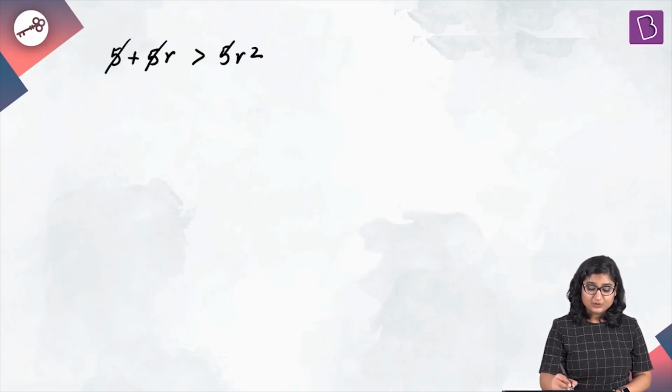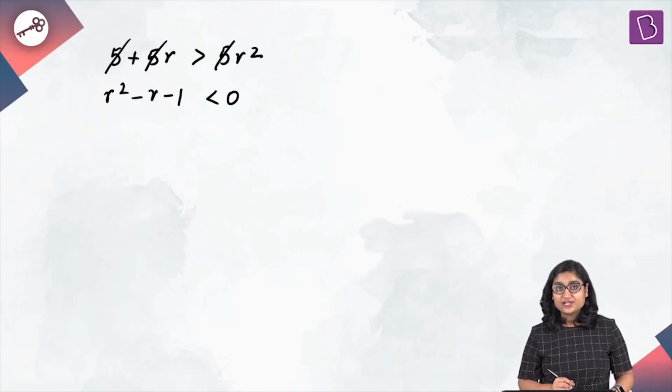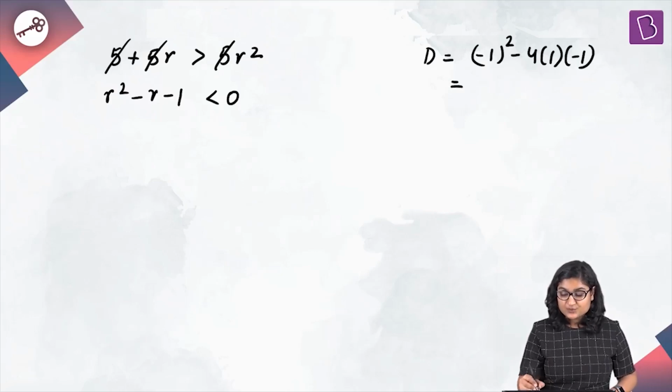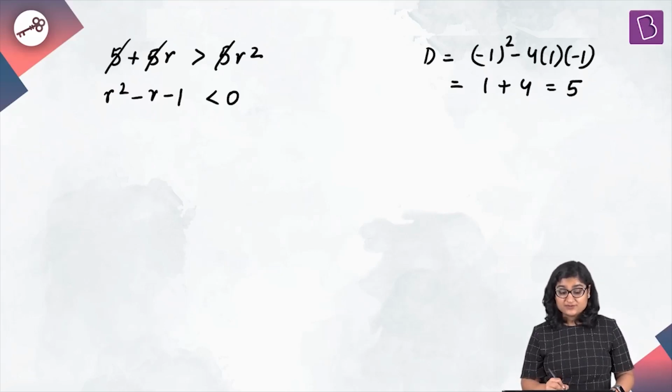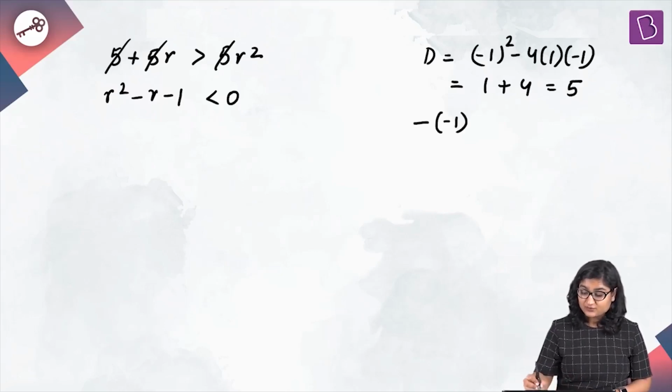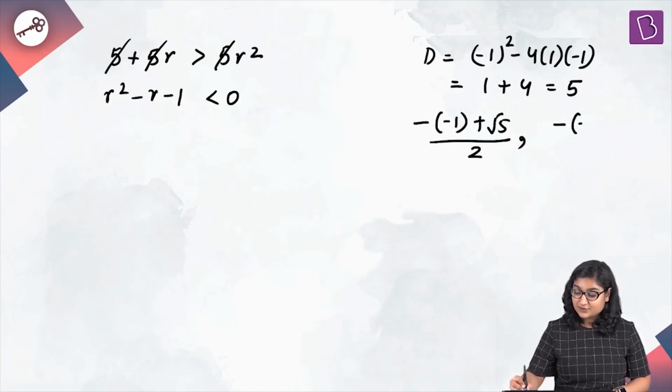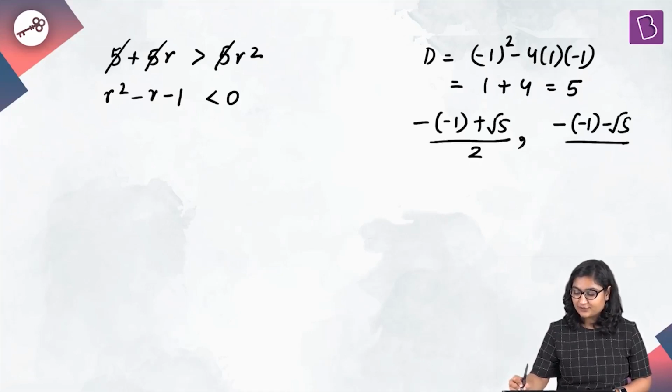All right. Starting from the first, which is 5 + 5r is greater than 5r². As you can see, 5 is a positive number. I can cancel it out from the complete inequality. We'll get r² − r − 1 less than 0. All right, if we calculate the value of D for r² − r − 1, we get D is equal to (−1)² − 4 times 1 times (−1), which is equal to 1 + 4 and is equal to 5. If D is equal to 5, then one root would be (1 + √5) divided by 2, and the other root would be (1 − √5) divided by 2.